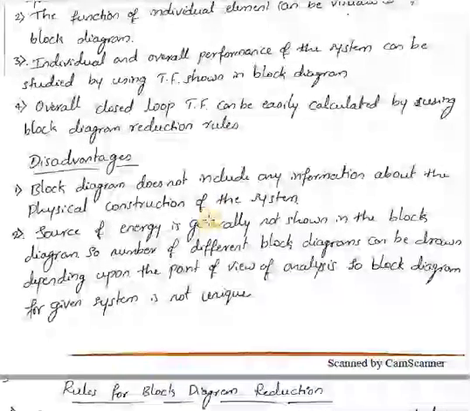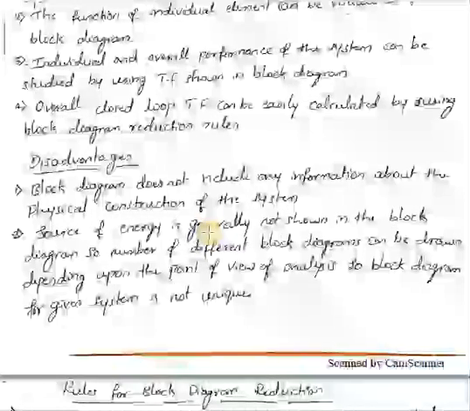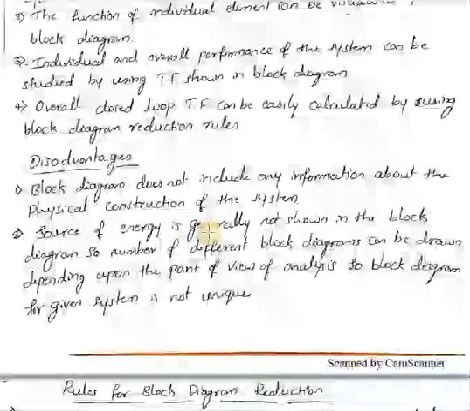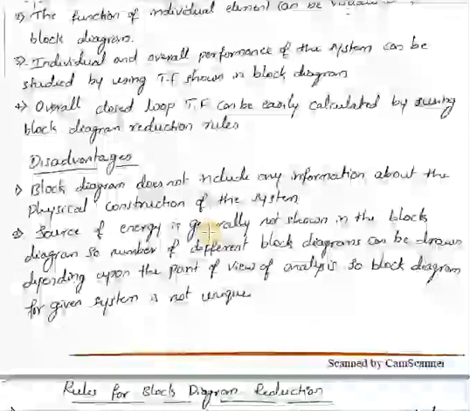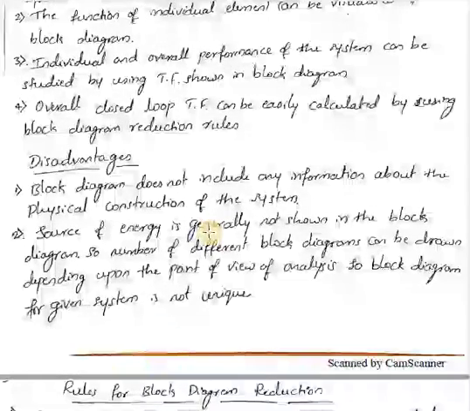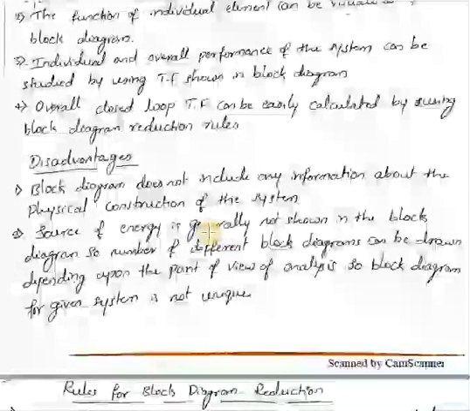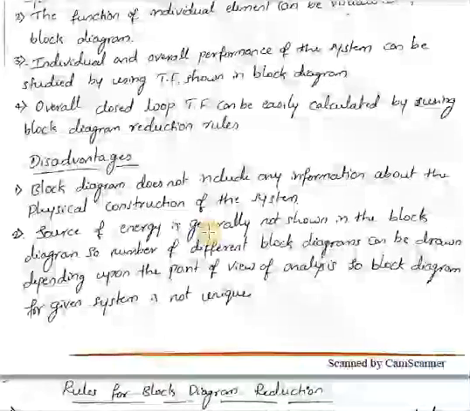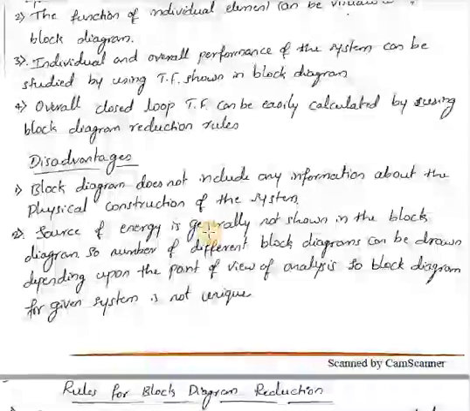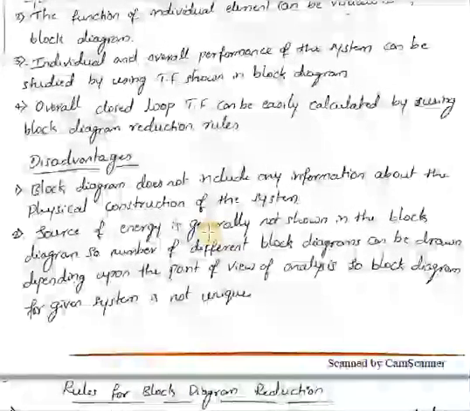For example, if I want to represent a system with the help of a block diagram, my point of view may be different, because in this block diagram we are not going to show the source of the input. So you can draw different types of block diagrams for a single system. It depends upon the analyzer.